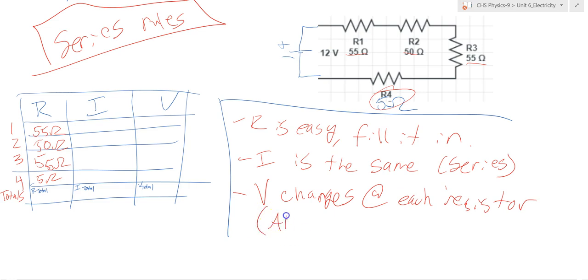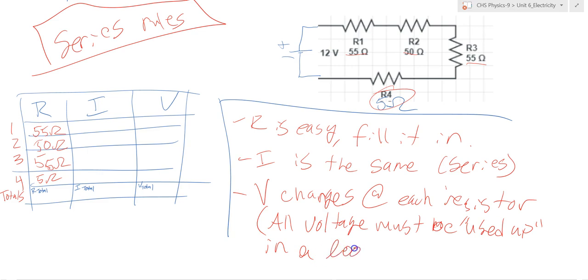And this is because all voltage must be used up. It's kind of like being used up in a loop. All the voltage has to be used up in a loop, so it will change at each one of these resistors.